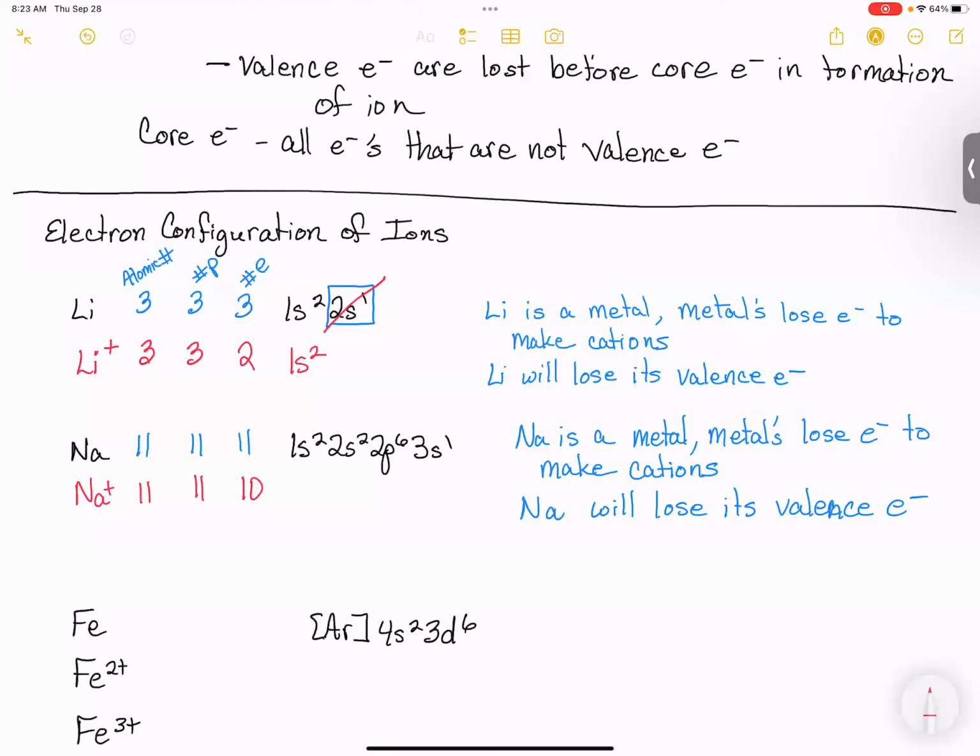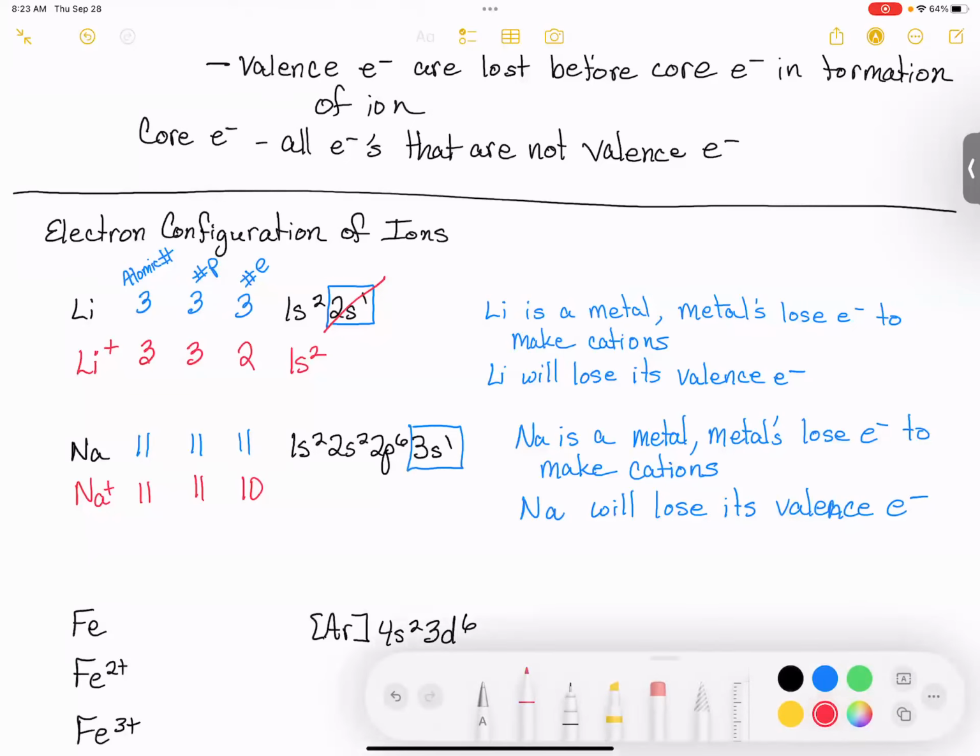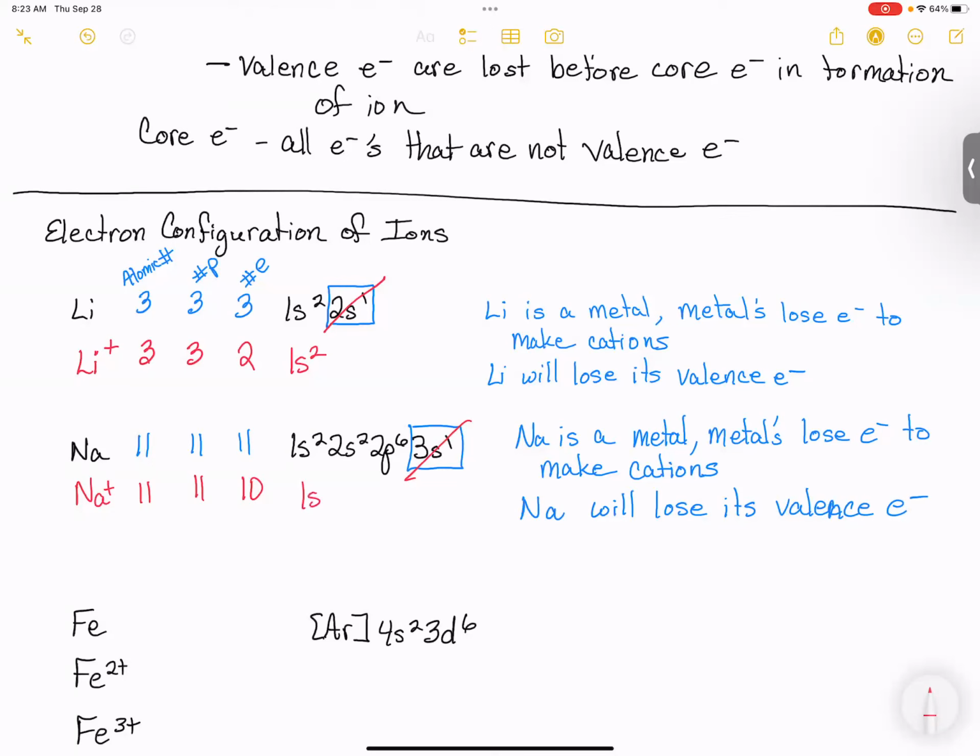And the electron that it has to lose is going to be this valence electron. That valence electron is going to go away so that the electron configuration for sodium ion is 1s2, 2s2, 2p6. Questions about the first two examples?